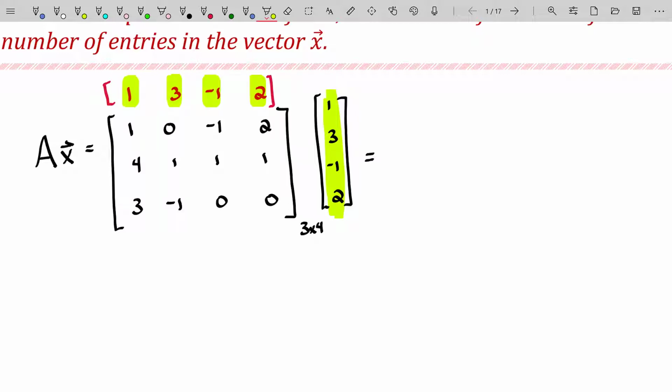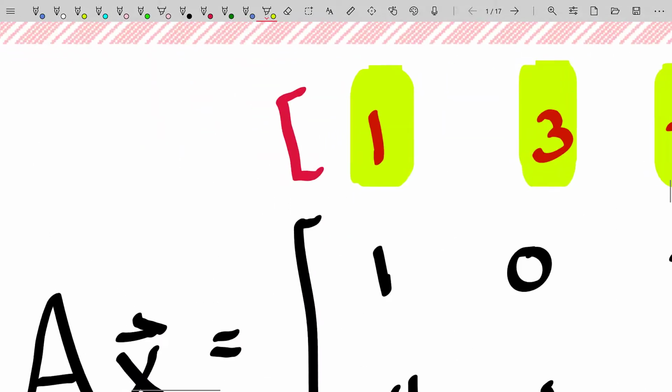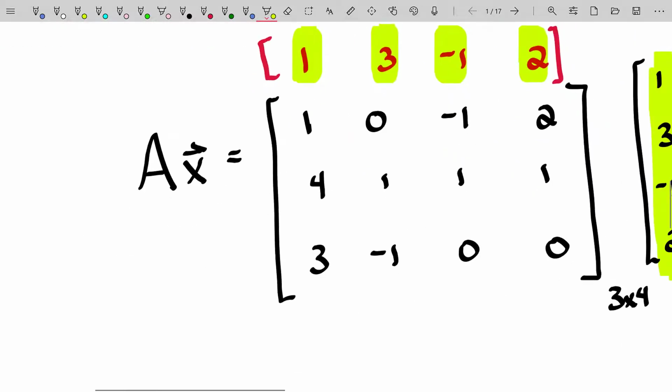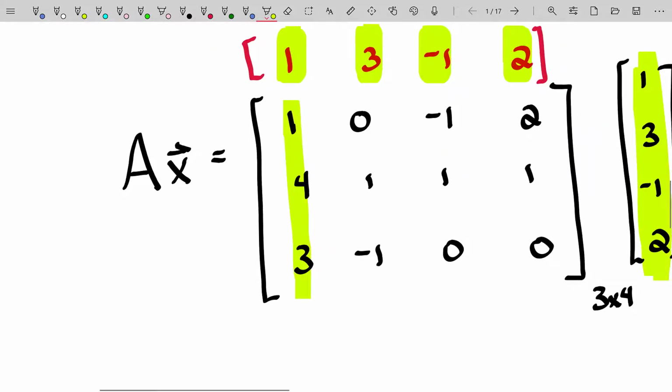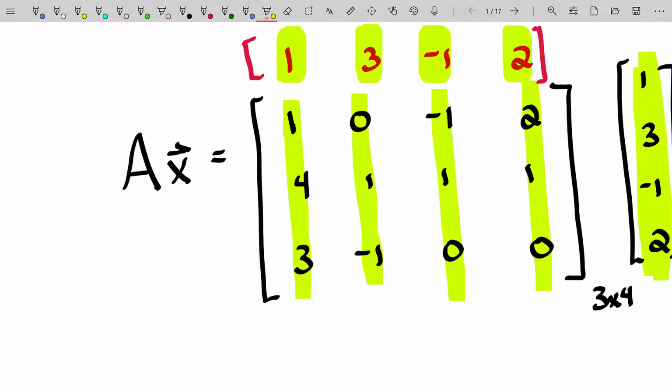For example, the entry 1 here in X will touch this very first column. The entry 3 will touch this second column. The entry -1 will touch the third column, and the entry of 2 will touch the fourth column. When I say touch, I mean it'll be the weight for that column.